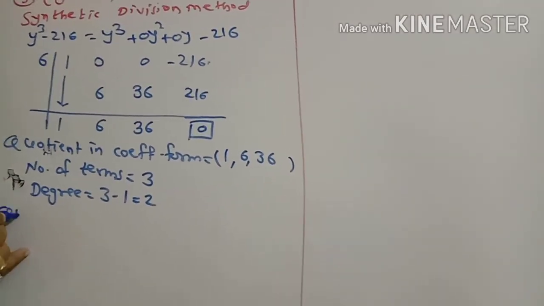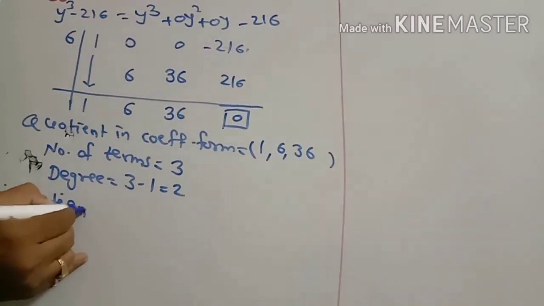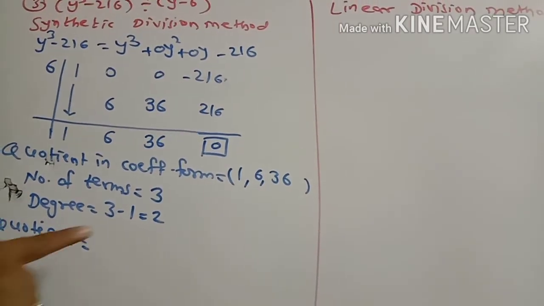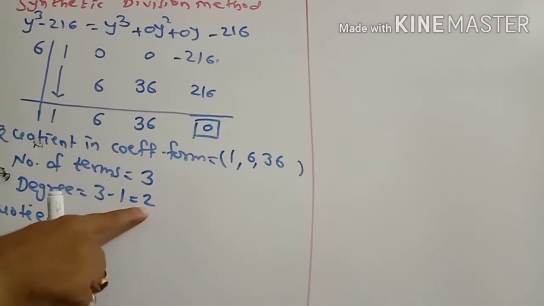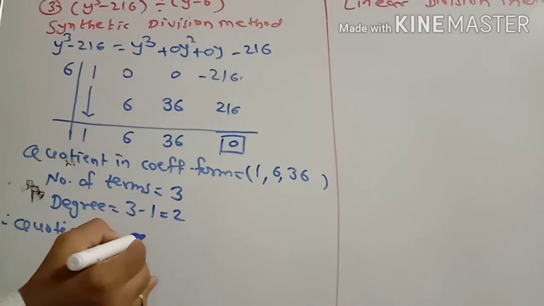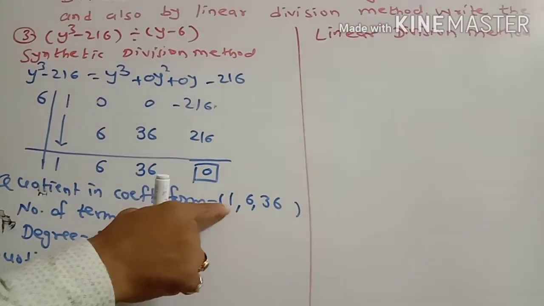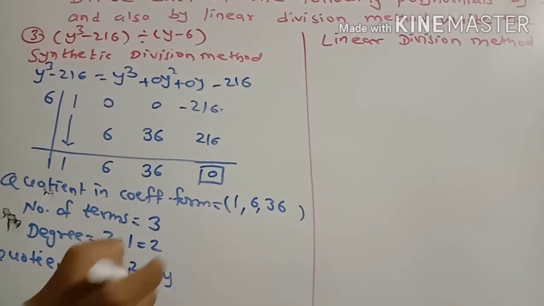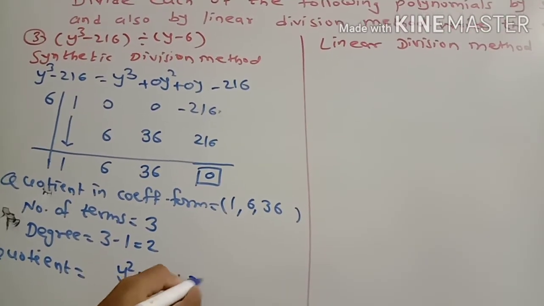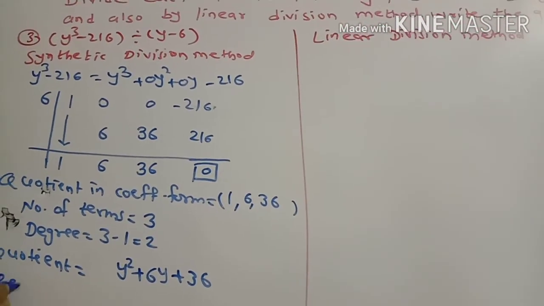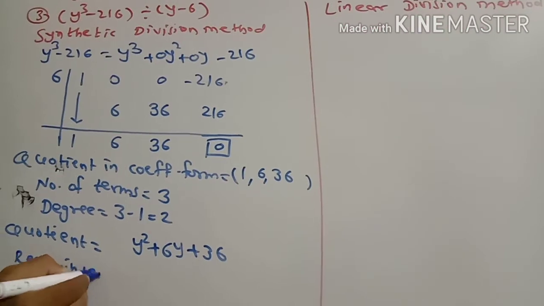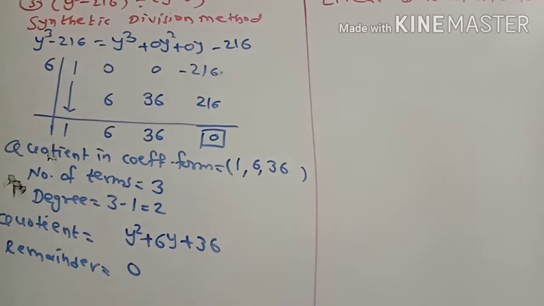Therefore, the quotient in index form: start from degree 2. The variable is y, therefore write y square and y. The first coefficient is 1, then plus 6y plus 36. And the remainder is the last term, that is 0.